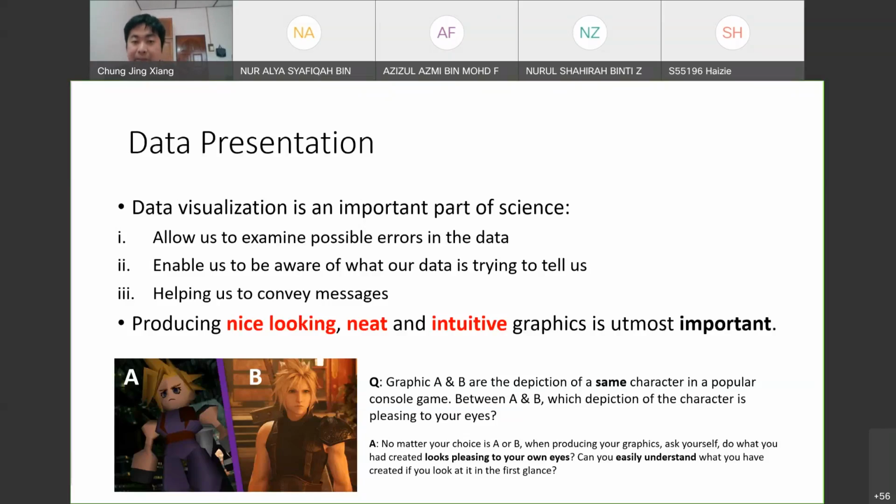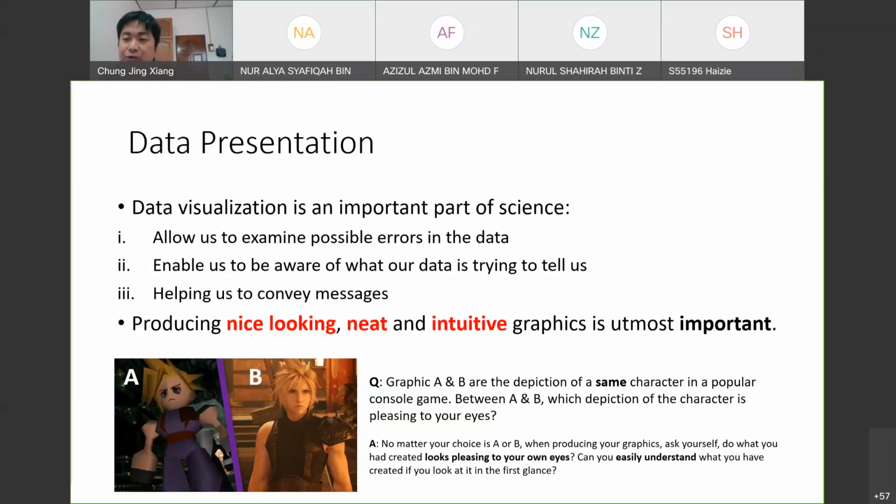And the third reason, or the main reason, we want to visualize our data is we want to convey our messages. Let's say I want to tell you something, so I show a picture, I draw a picture. People always say a picture is worth 1,000 words. I can tell you many things for a very, very long time, but you may not understand what I'm talking about.